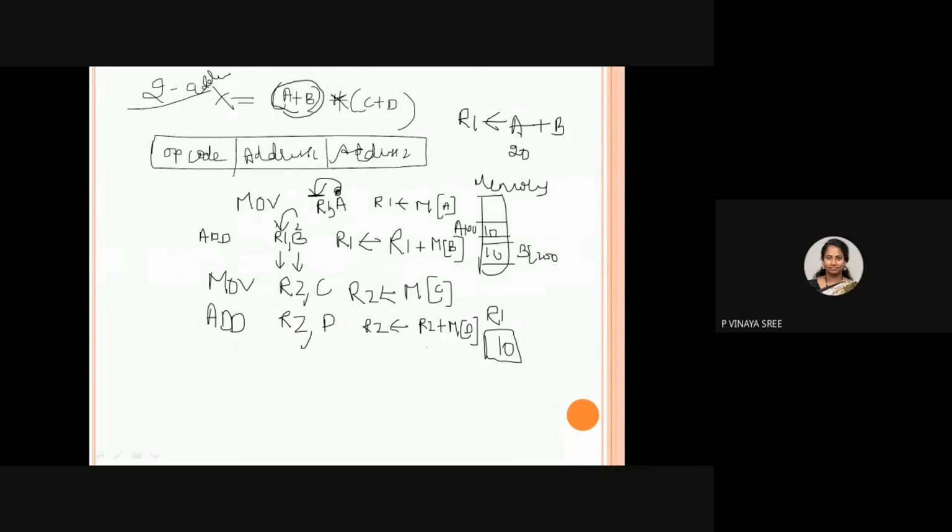Let us consider the C value in R2 is 10. So we have 10 plus, at M of D we have 5. Both will be added and the result will be stored in R2 again.